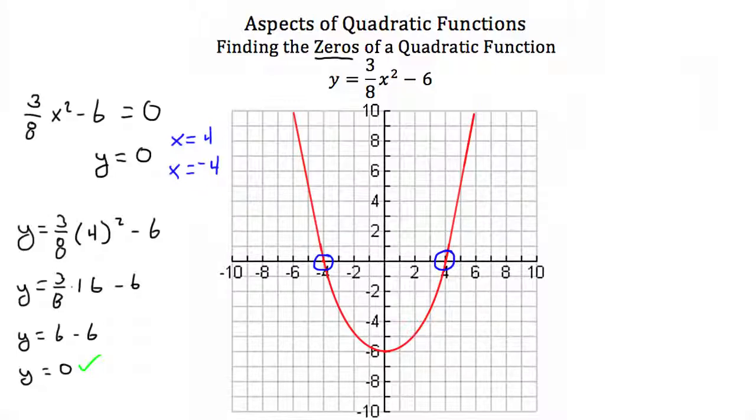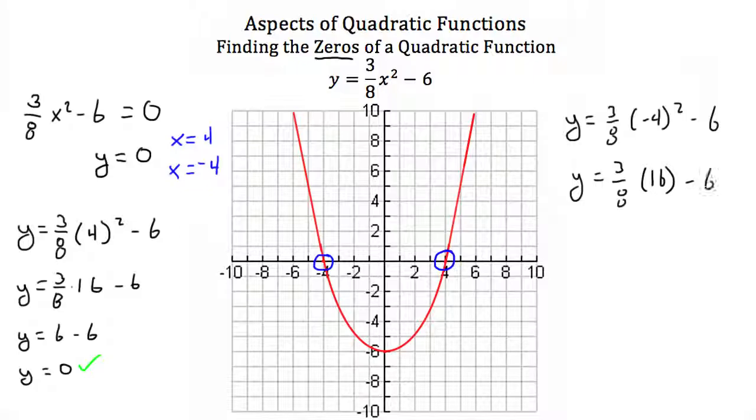If we plug in -4 for x, we'll have y is equal to 3/8 times -4 squared minus 6. -4 squared is a +16. 3/8 times 16 is 6. Subtract 6, and again we get y is equal to 0.